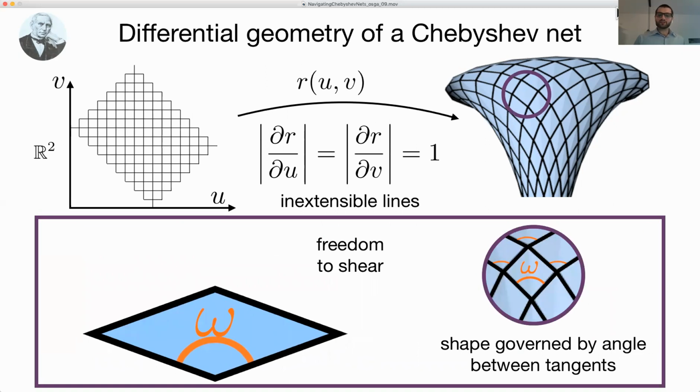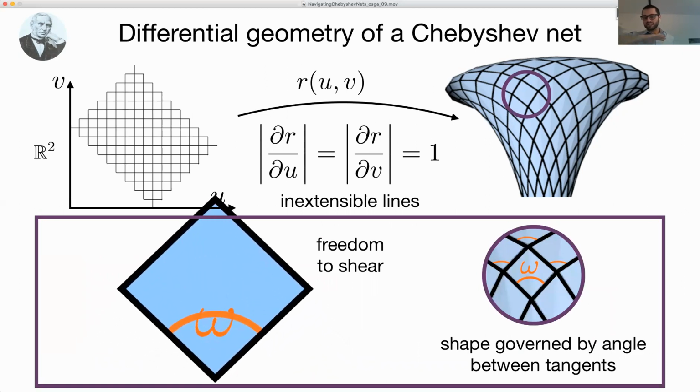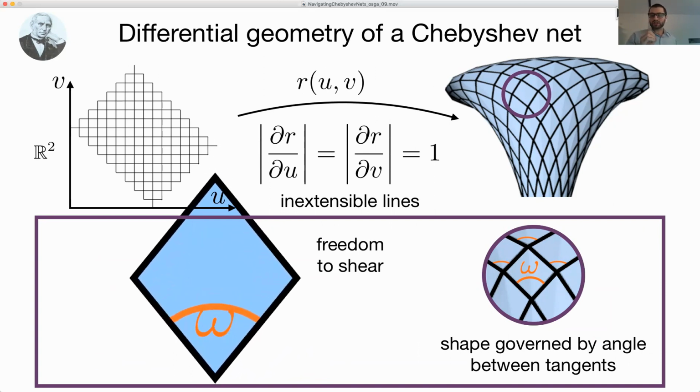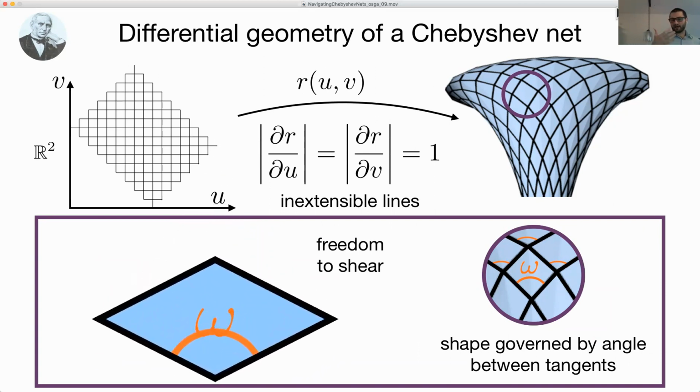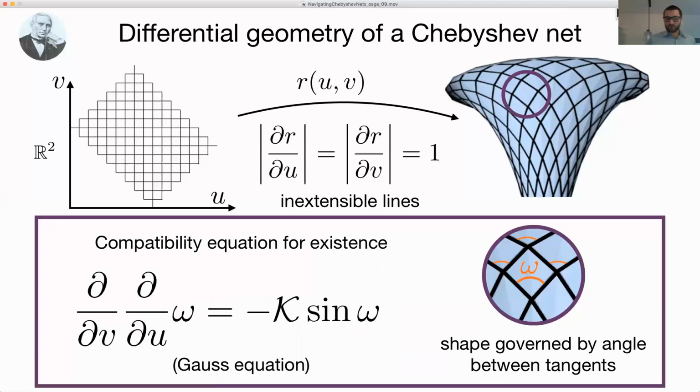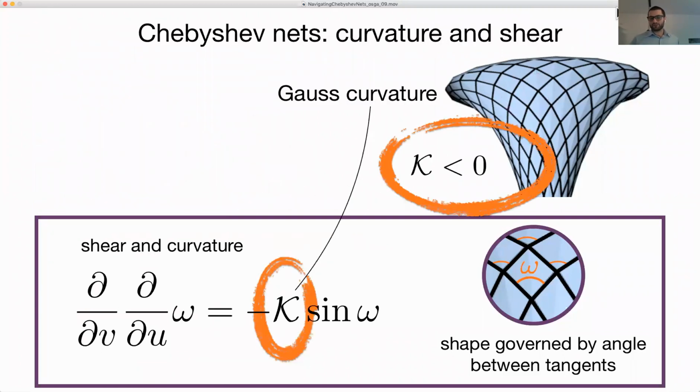And so the entire shape, or the ability to actually cover this surface in more than just a little bit of a local patch, is governed by the ability of this parametrization to shear across the surface. And when you write down the Gauss equation for this compatibility condition, you actually see that it links the angle between the two tangent vectors at every point, which I denote here by omega, and the Gaussian curvature of the surface.